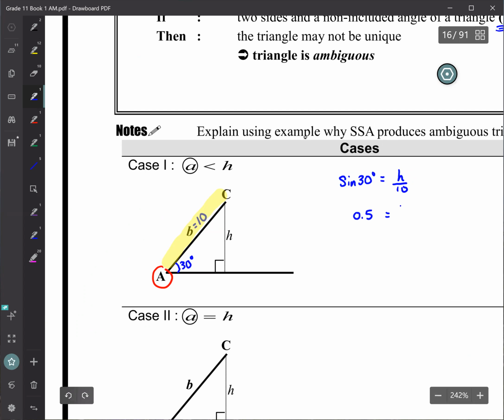Okay. So 0.5 is h over 10. So we can find h, right? We can cross multiply. So Brendan, what's h? 5. Okay. So now we have the height fixed.